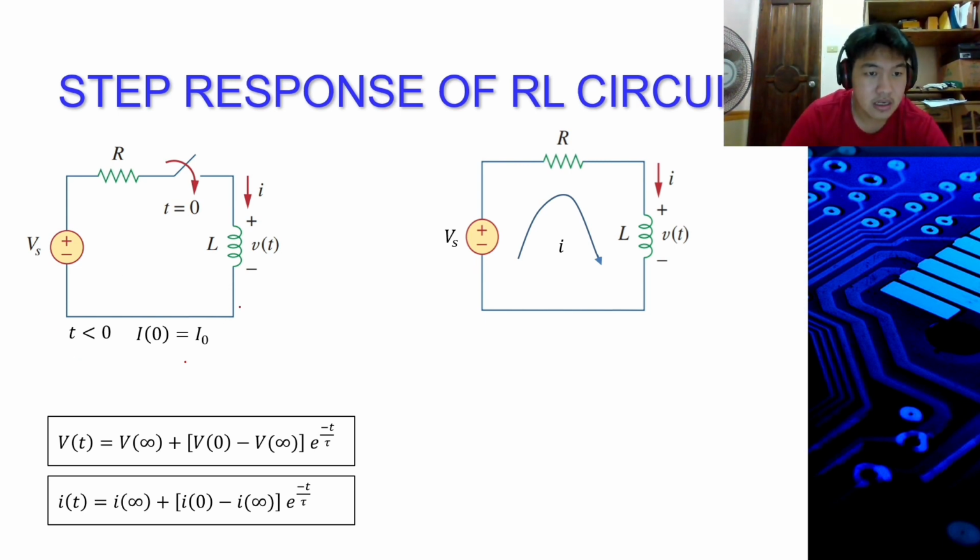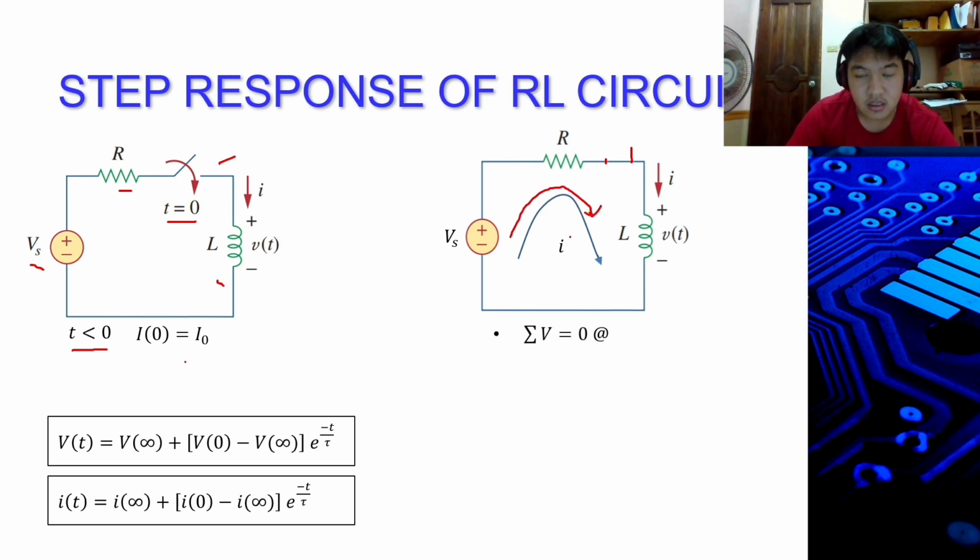So atong i-analyze ni circuit natin voltage source, resistance, switch, and inductor. So at time negative 0 daw ang switch is closed. And at the moment nga the time is positive t is equal to 0 na close ang switch and then tayo close loop diri nga bahagi.